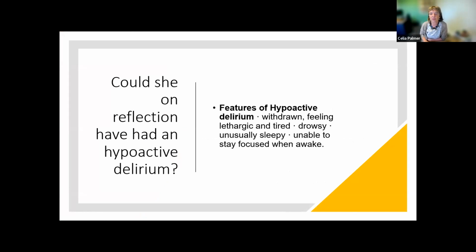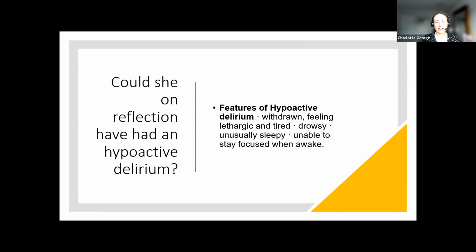I don't know what you thought, Charlie, looking back on this case. Yeah, I think she was awfully drowsy. I think the challenge in her house was it was very difficult to get a history of how things had been the previous day or so. And it's difficult in the community because you're not seeing people 24/7. And the house was quite chaotic.